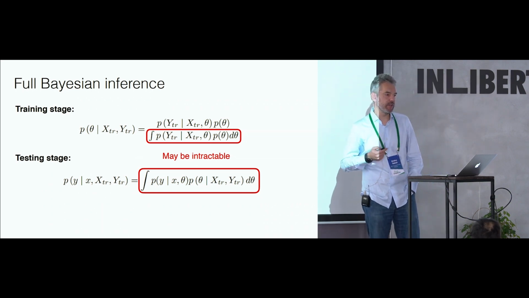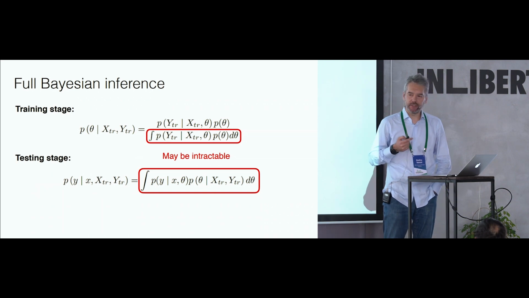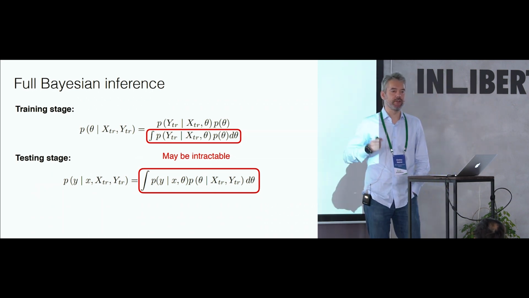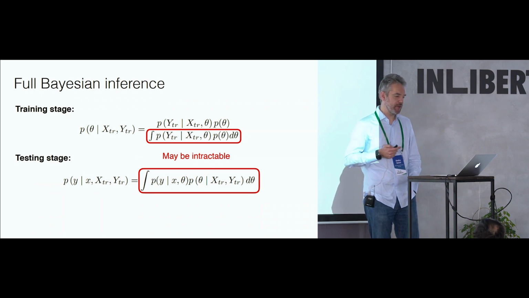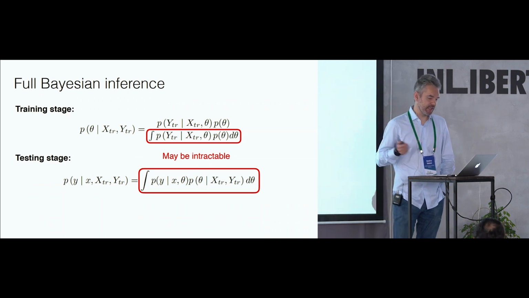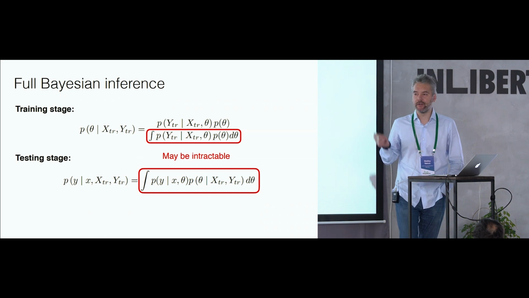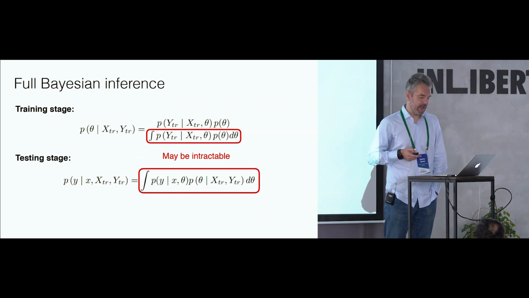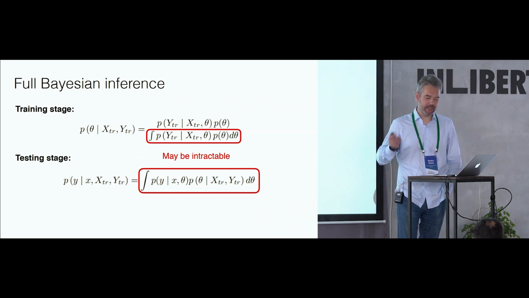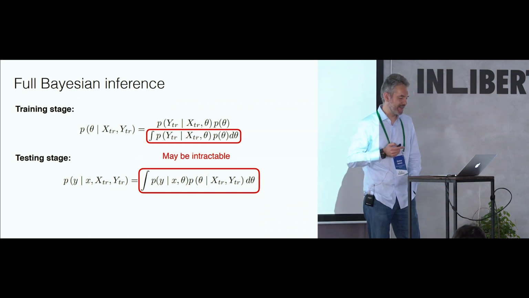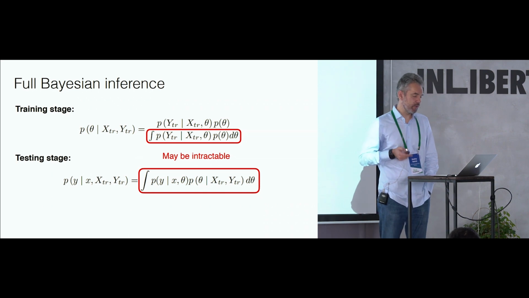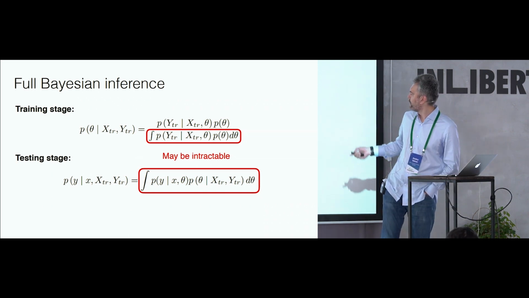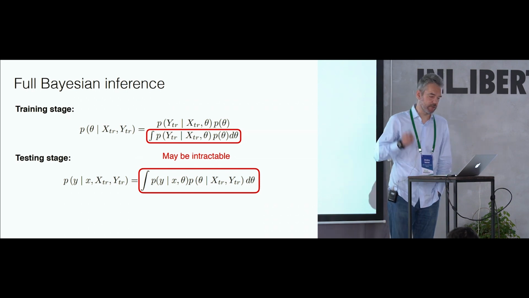For example, if we speak about Bayesian deep neural networks, the space of theta can be up to tens of millions. In such huge dimensional spaces, there's no hope of getting any reliable numerical estimates for those integrals. So of course, we'll study some approximate Bayesian inference tools, but first let us consider the special case when those integrals can be computed in closed form.